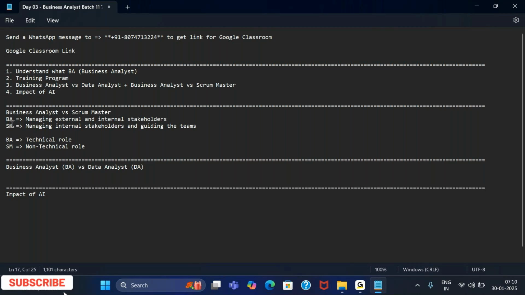Since BA is more close to the software development work, it lies in the category of technical roles. A Scrum Master, being more of a people manager, lies in the category of non-technical roles majorly.